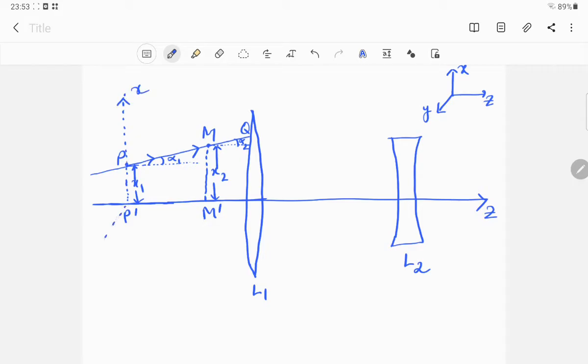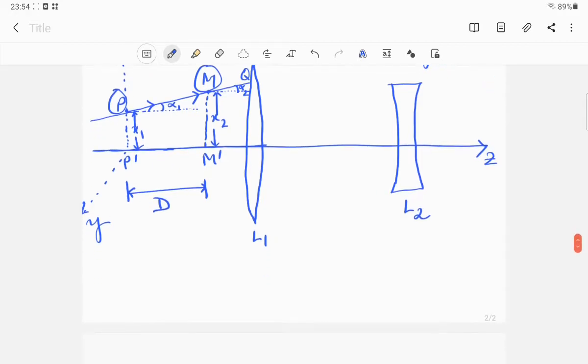If something is there in this direction, it will be the Y axis. I hope you can understand that. Now, you might be thinking, what are the points P and M? Simply, we have just considered some imaginary points on the ray of light moving towards the lens L1.